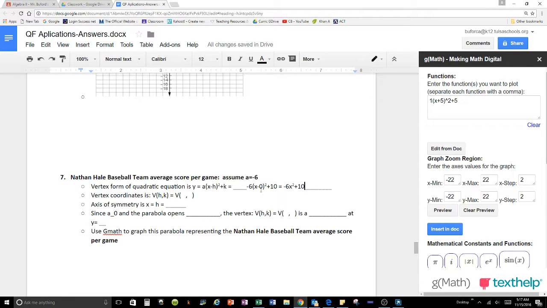We don't need the parentheses there since h is equal to 0. Okay, since h is 0, k is 10. This is the vertex, coordinates of the vertex. The axis of symmetry is at x equals h equals 0. And since a is less than 0, the parabola opens downward.